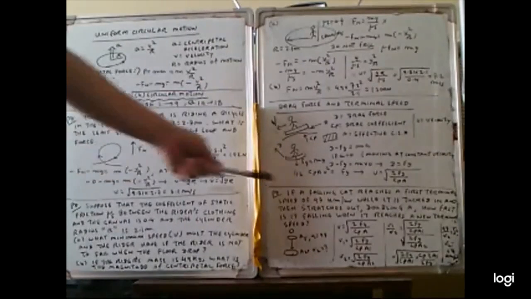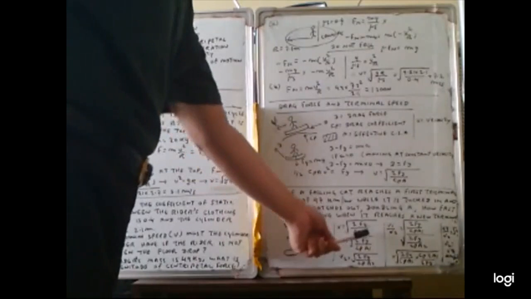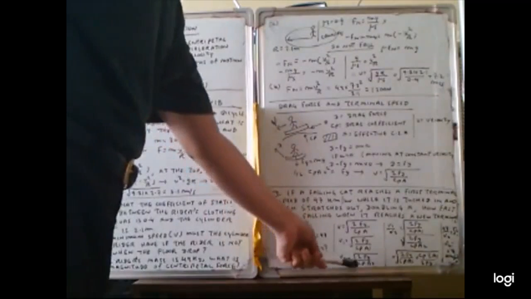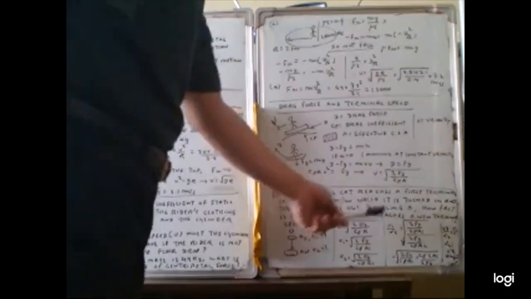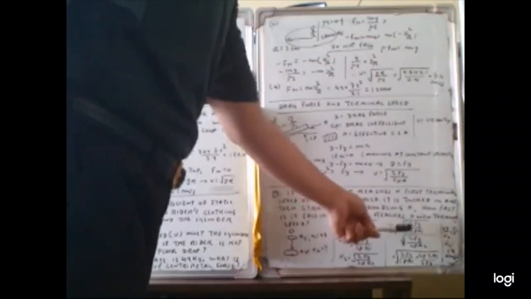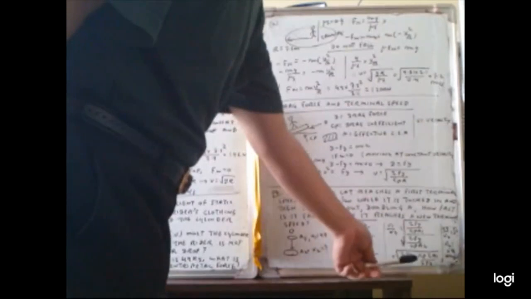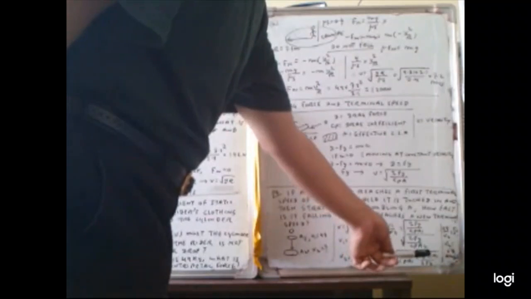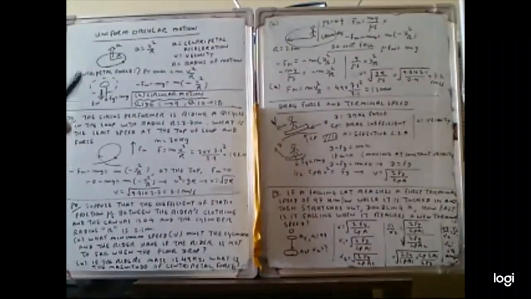In this case, v is equal to the square root of 2Fg by C rho A. v1 is the square root of 2Fg by C rho A1, and v2 is the square root of 2Fg by C rho A2. So the ratio v1 by v2 is the square root of 2Fg by C rho A1 divided by 2Fg by C rho A2, which is the square root of A2 by A1.